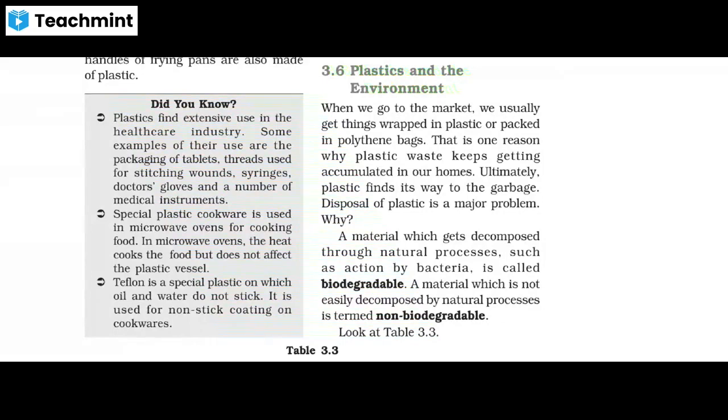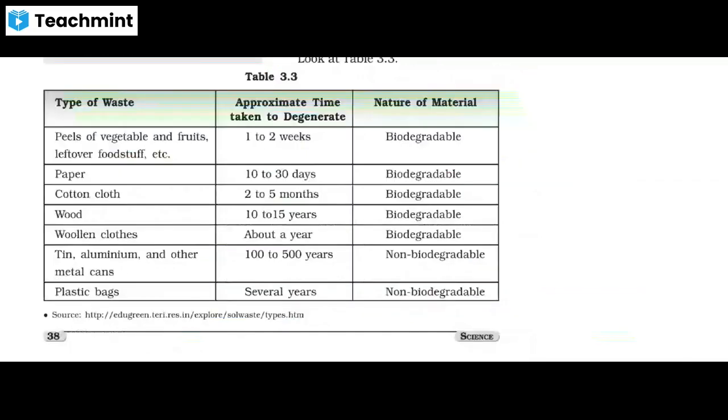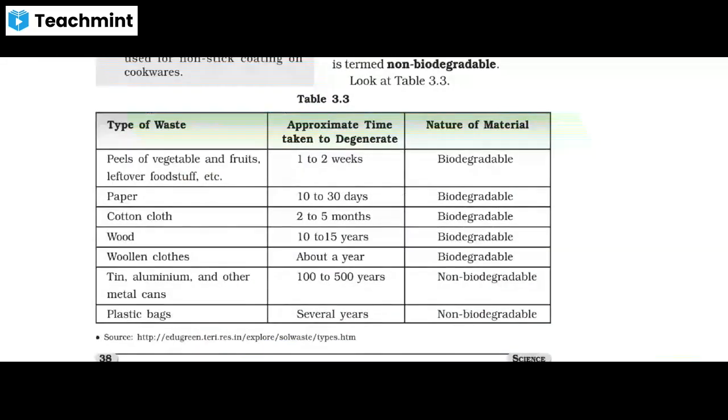And materials which do not decompose by natural processes are termed non-biodegradable. So here a list is given in your textbook, the types of waste, the approximate time taken to degrade, and the nature of the material.